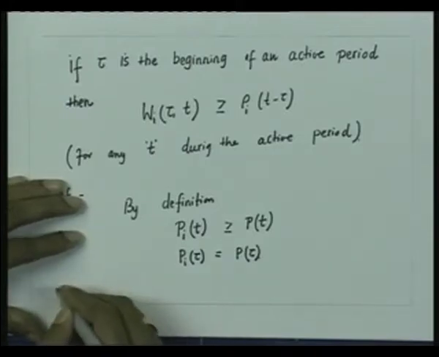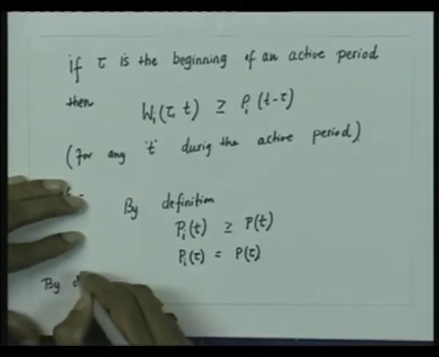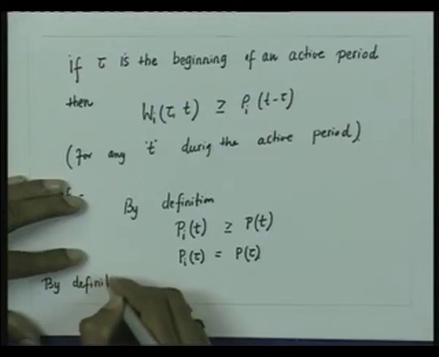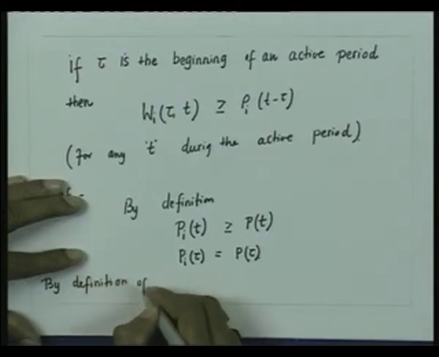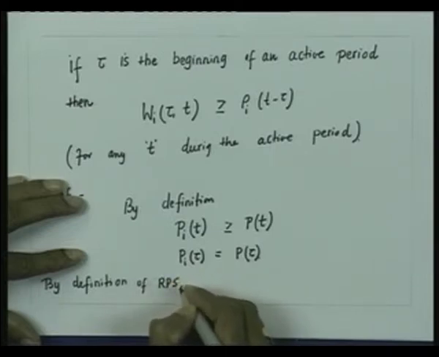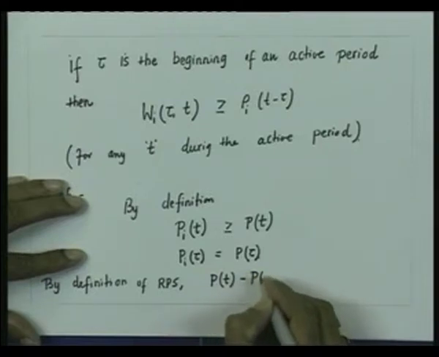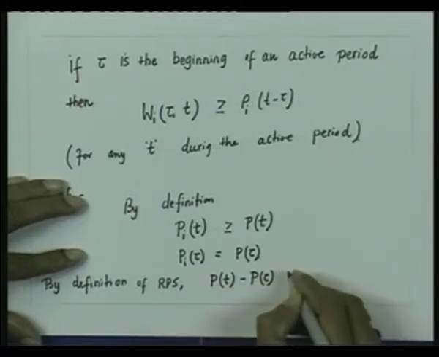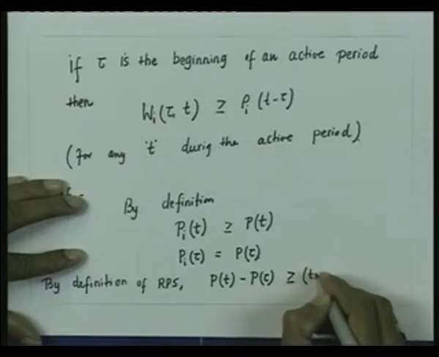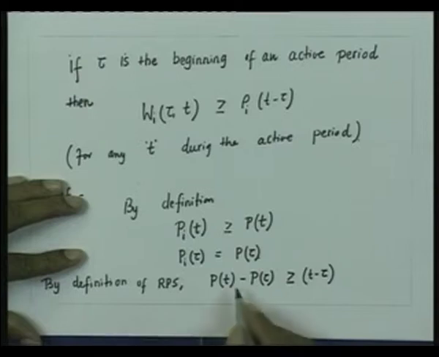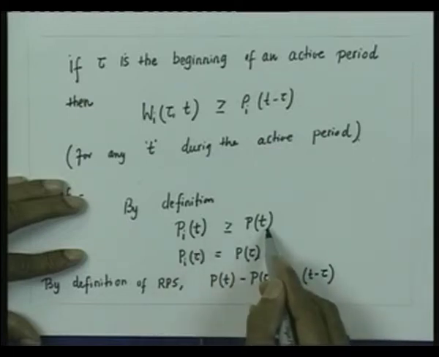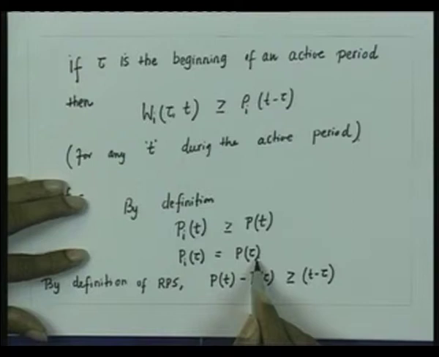Now by definition of a rate proportional server, the difference in the system potential, that is p(t) minus p(τ), will be greater than or equal to t minus τ. But p_i(t) is actually greater than or equal to p(t), and p_i(τ) is actually equal to p(τ).